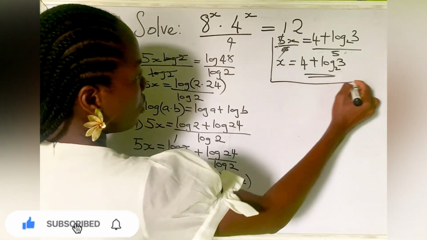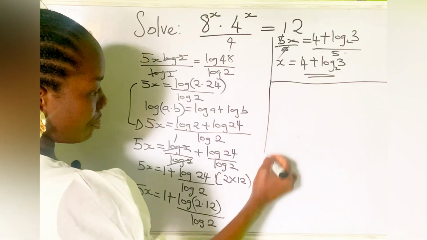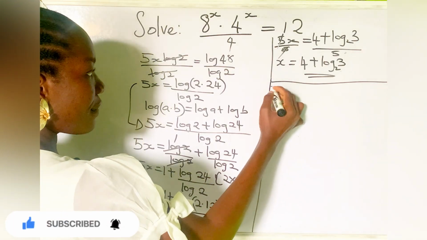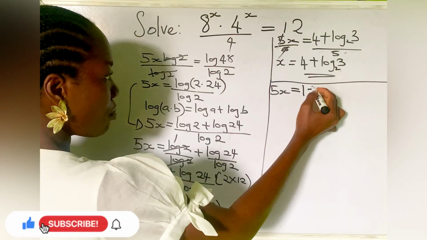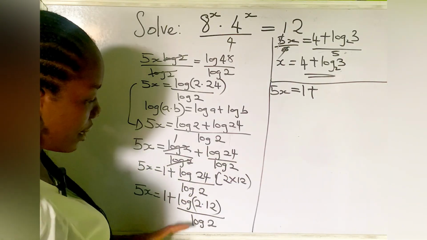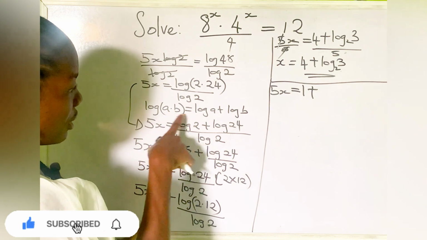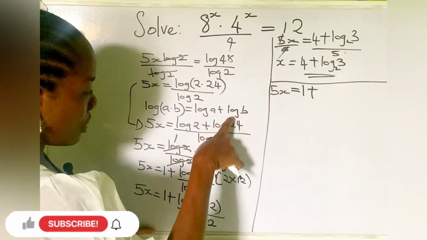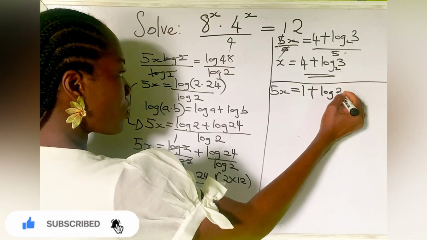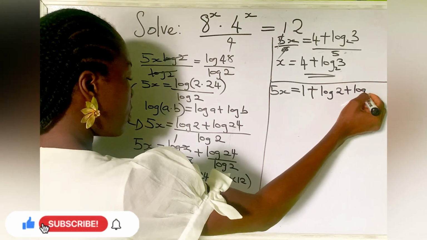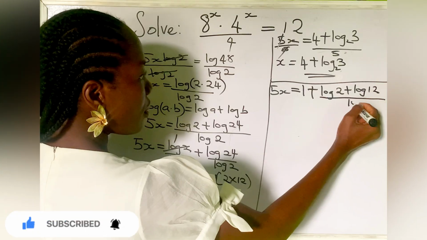This is what we got as our answer using the first method. So 5x is equal to 1 plus, now I said before that when you have this, it translates to this. So now this is log 2 plus log 12 over log 2.